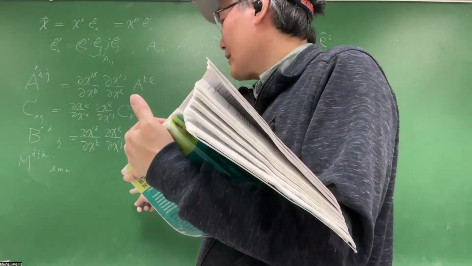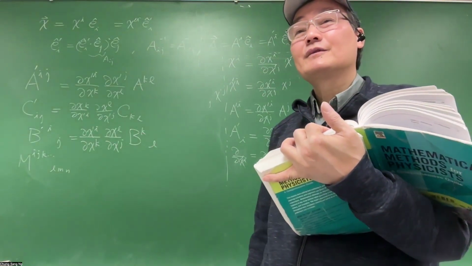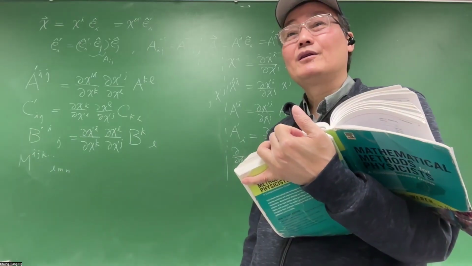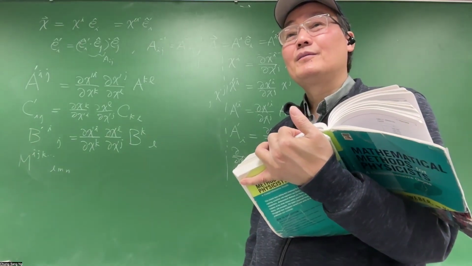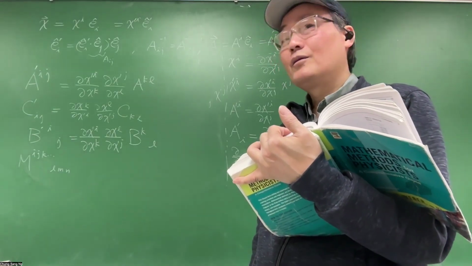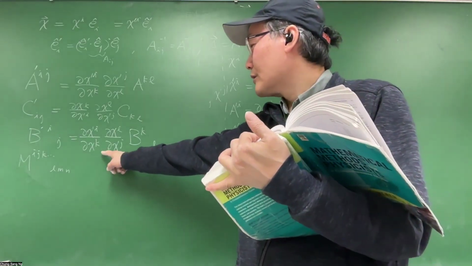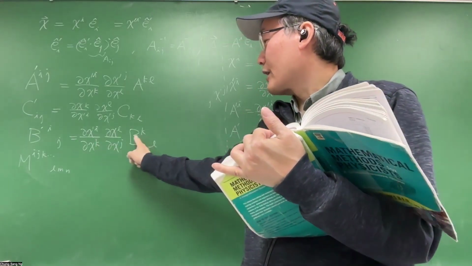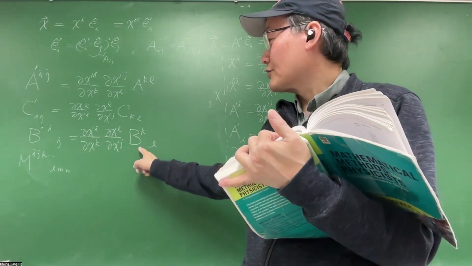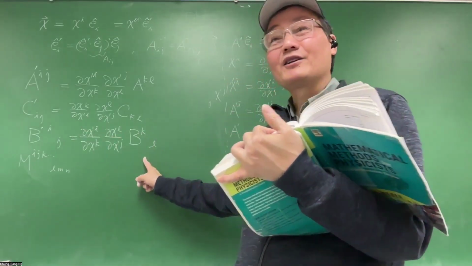So that's why the sum over whatever number of space. Yes, that would be 9 terms. So sum over K, K from 1 to 3, L is also 1 to 3. So this is totally 9 terms in here. This equation represents 9 terms.